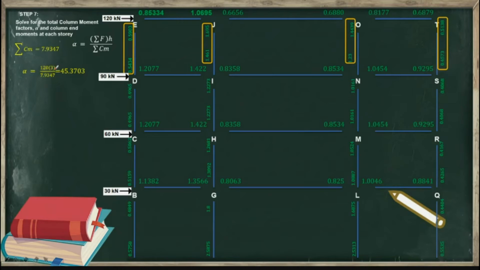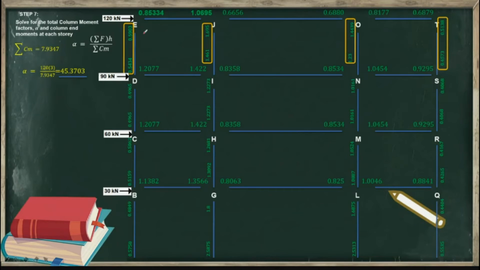And we have a height of column here, which is 3 meters, divided by sa nakuha nating summation na 7.9347, we will get the value of 45.3703. And itong alpha natin is gagamitin natin ito para makompute na natin yung moment.